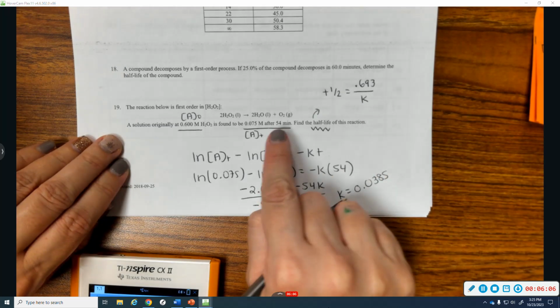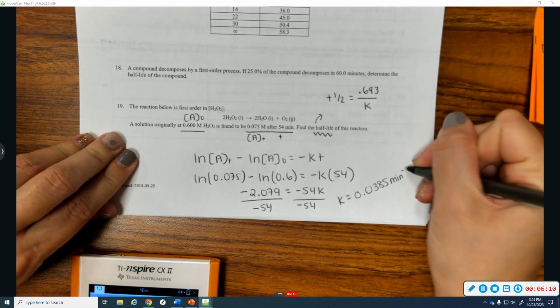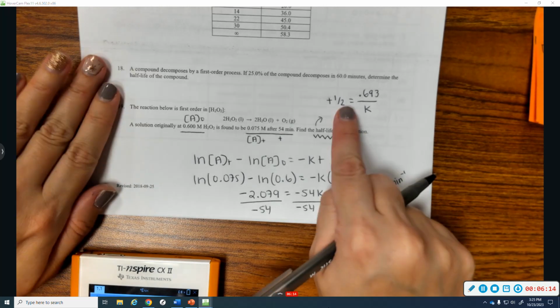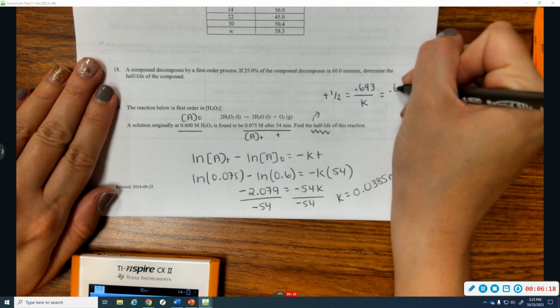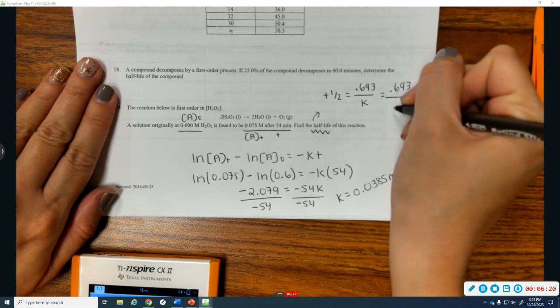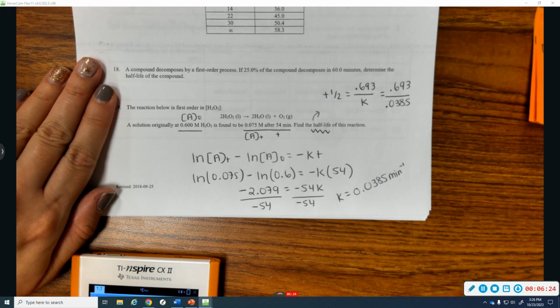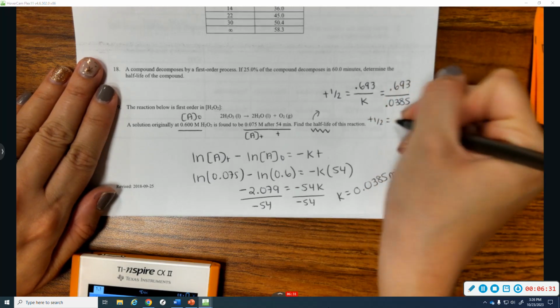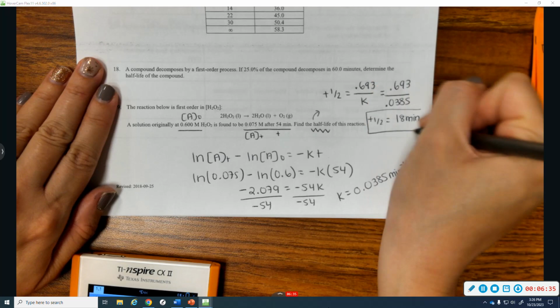And because it's first order and time is minutes, the unit is minute to the negative 1. Now that I know my k, I can find my half-life. Half-life equals 0.693 divided by k, so divided by 0.0385. That half-life is 18 minutes. Boom.